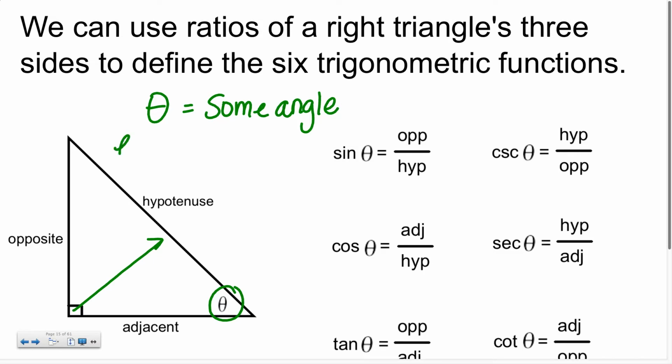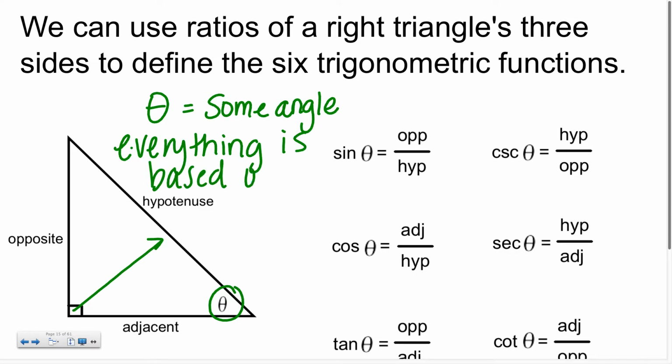So everything that is determines what's adjacent to it, what's opposite to it, so on and so forth. So in this one, with theta being right there, here's its opposite side, and here's its adjacent side, the one right next to it.